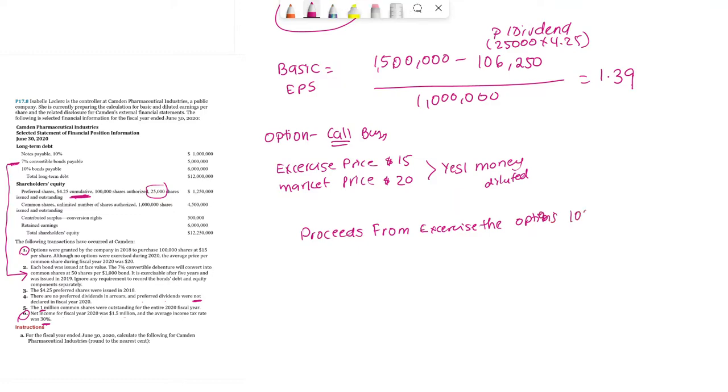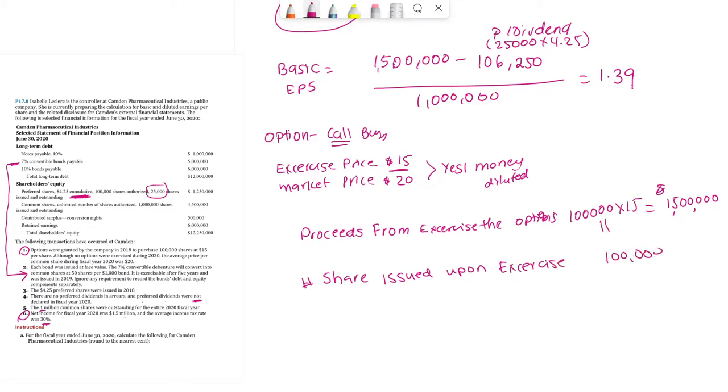It is 100,000 shares, and then multiply by the exercise price. In this case it is 15, and that gives you 1.5 million. So the company, the number of shares they are going to issue, number of shares issued upon exercise, is going to be 100,000.